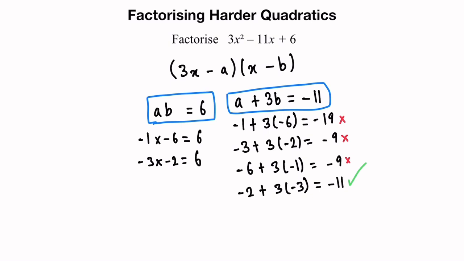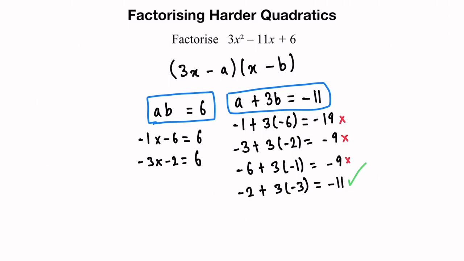So to get 6, a times b, what I've done here is -1 times -6 gives you 6, -3 times -2 gives you 6. Those are two ways of getting 6. And for this other side here, a plus 3b equals -11, I've just subbed in these values.